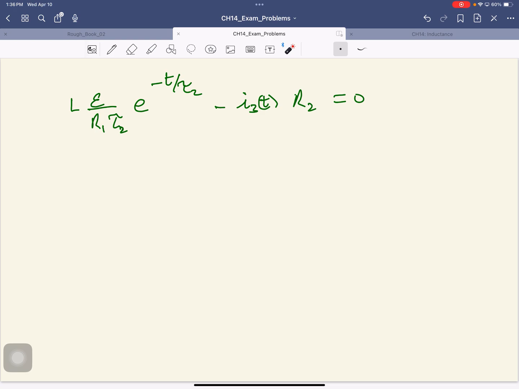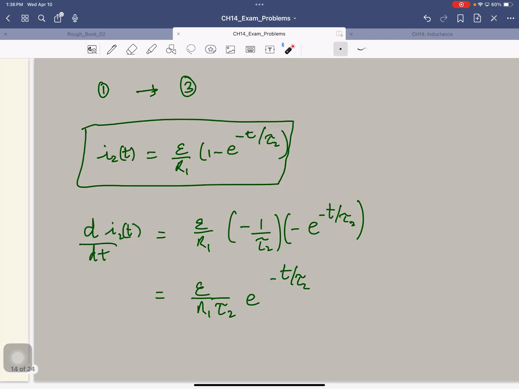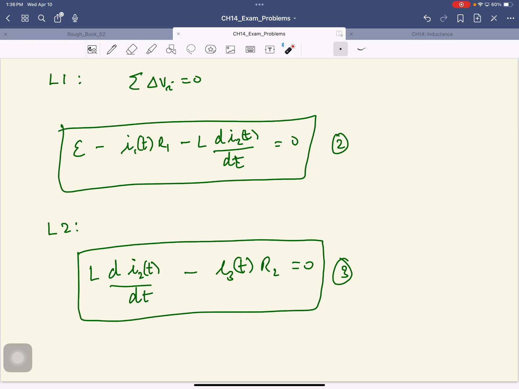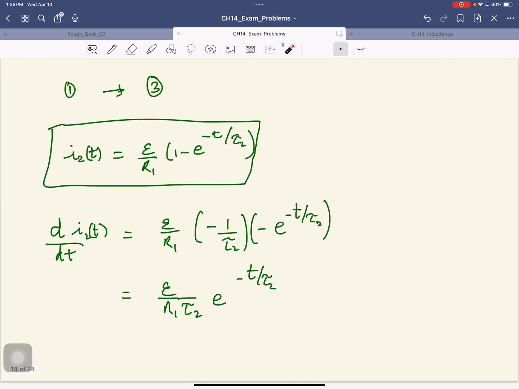Something went wrong. At t equal to infinity this goes to 0. So what did we do wrong?